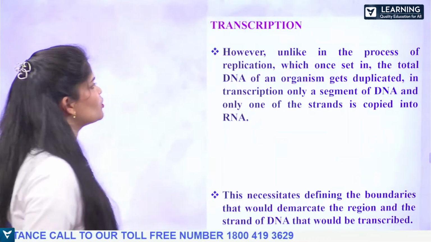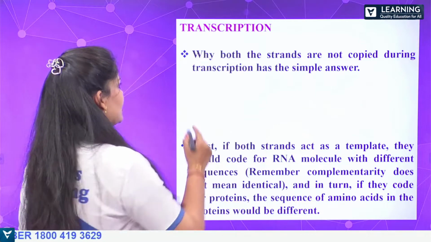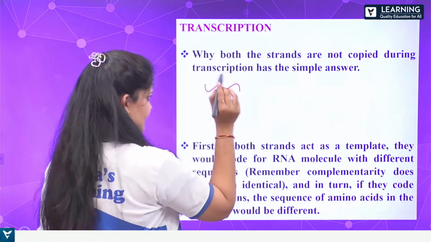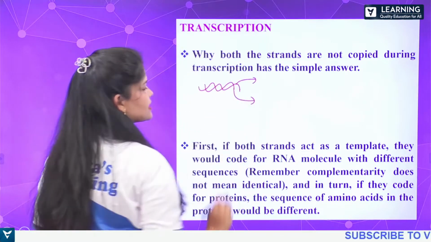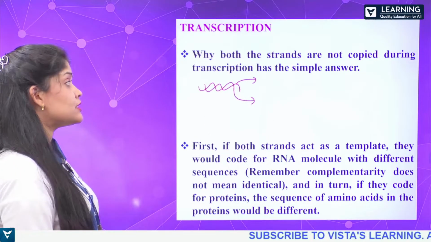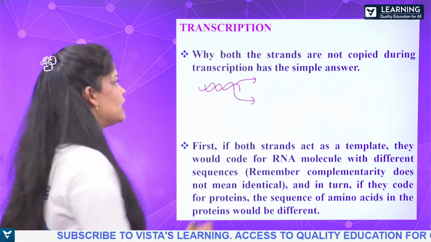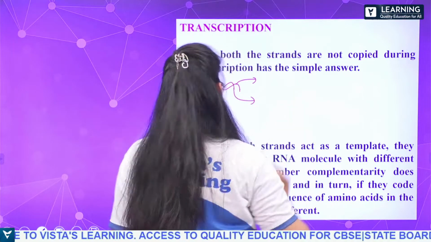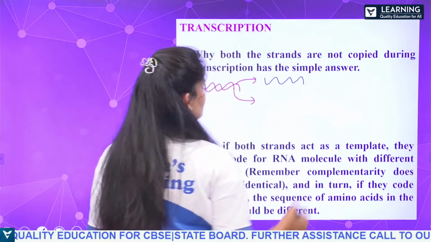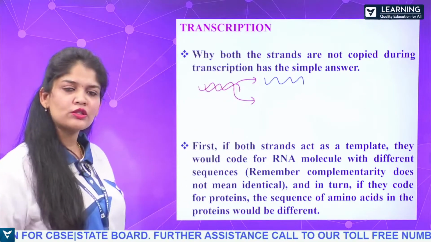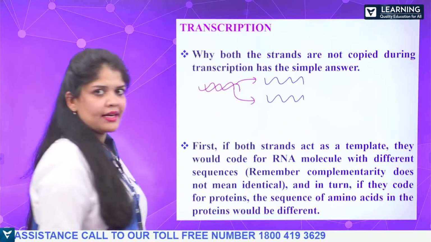Now, moving ahead, here is a question. Just now we said that in this small segment, this is one strand and this is another strand. Now suppose the two strands are both transcribed into mRNA. If that happens, we'll get one mRNA, and the other strand of the DNA also acts as a template to produce another mRNA.